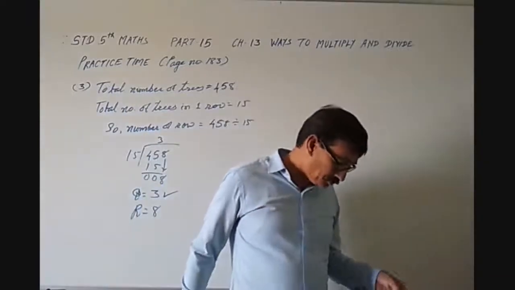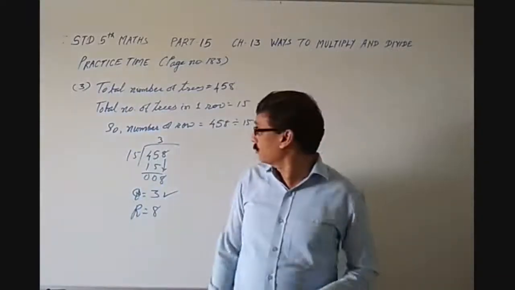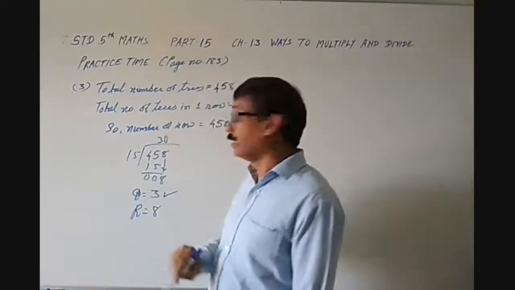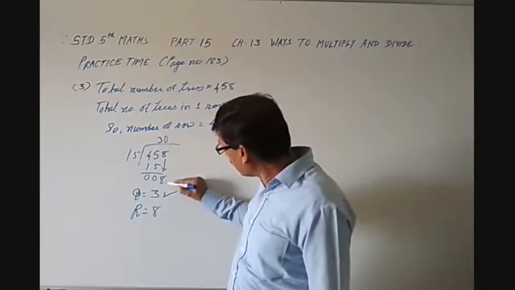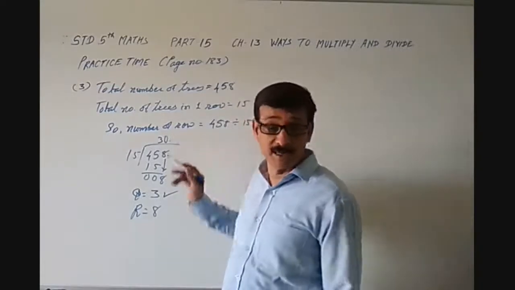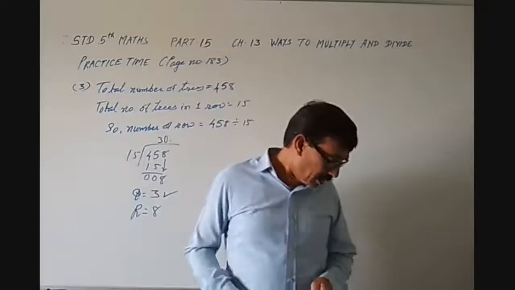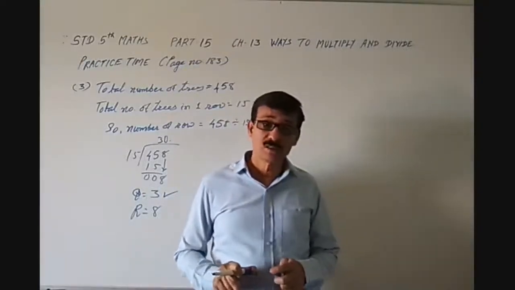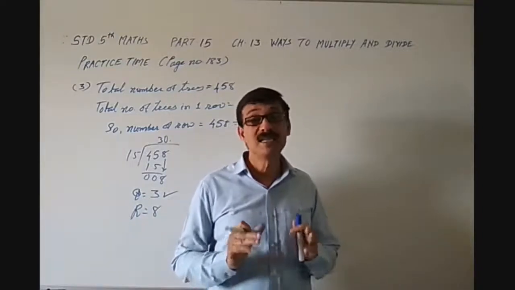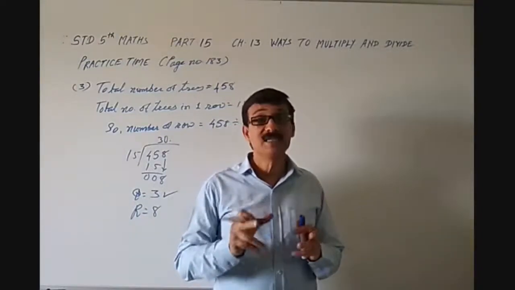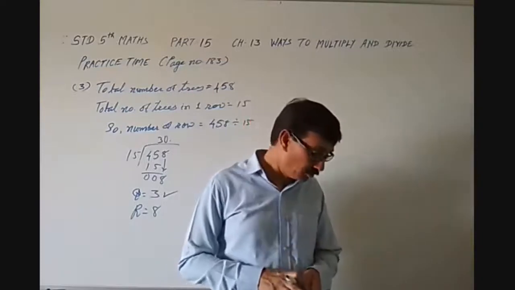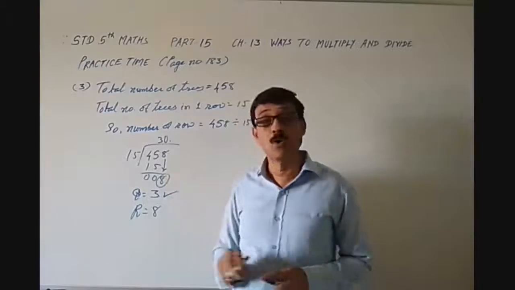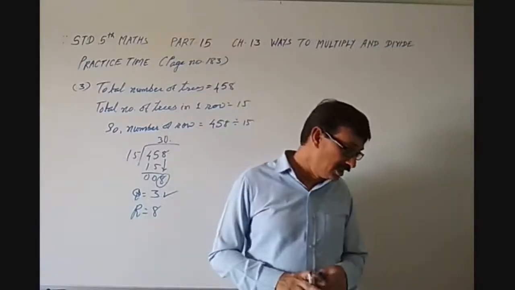Why? Because as we put 8 over here, we should put 0 over here. Remember well. That is why 30 rows are required to plant 15 plants in each row. 30 rows will be required and 8 trees will be left over. Okay, so this is the answer.